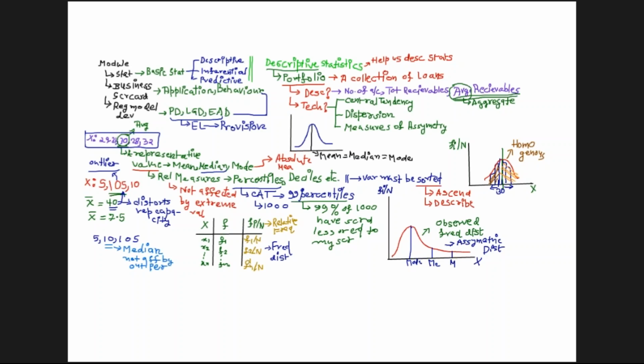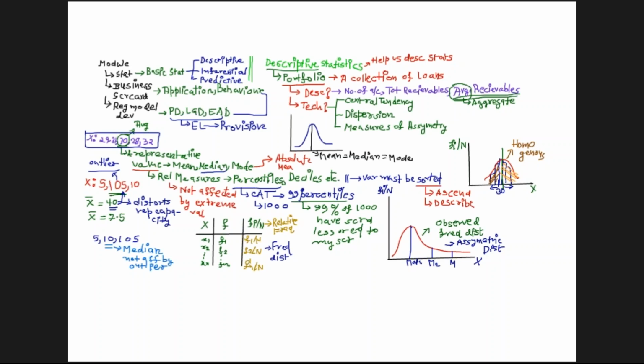What we had discussed in the last class mostly was the basic descriptive measures, like the measures of central tendency, the measures of dispersion, and the measures of asymmetry.